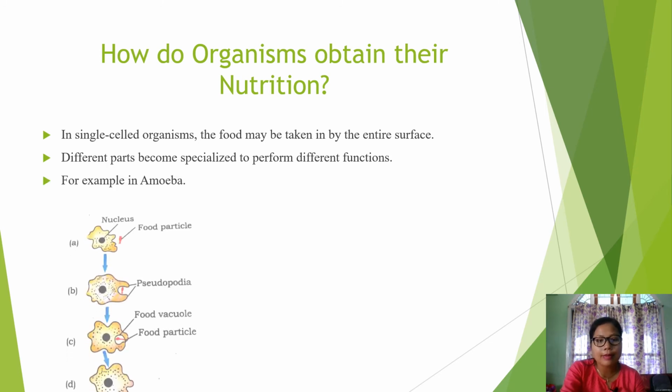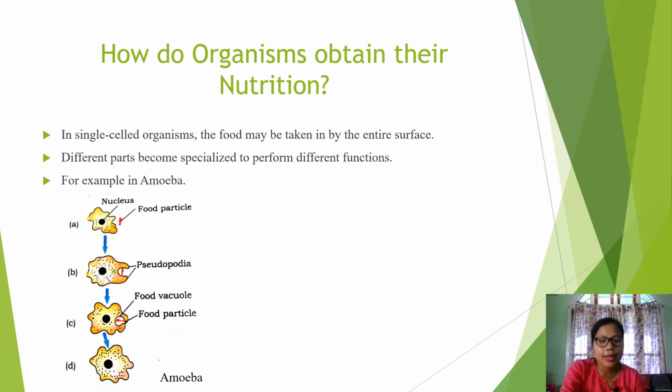So let's see in amoeba. Here you can see the nucleus of the amoeba, and here you can see the food particle. Now observe carefully the difference between the first structure of the amoeba and the second one.